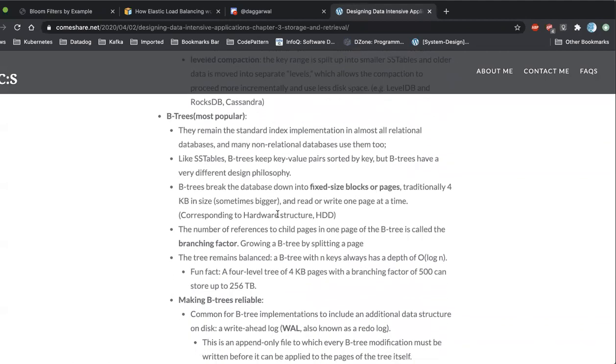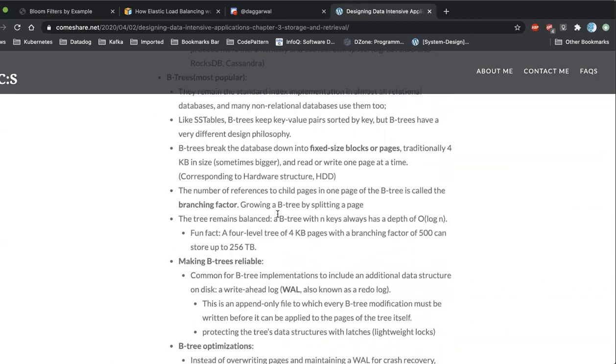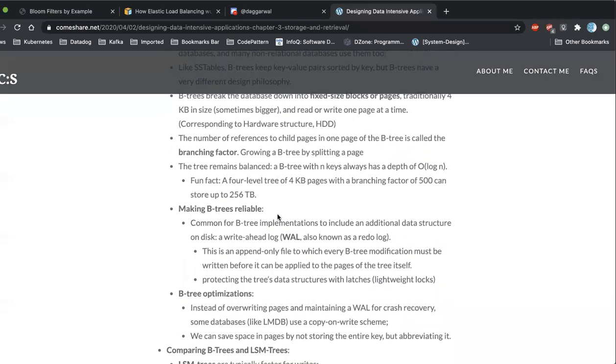I don't know how they are presenting it, but in relational databases, that's the bread and butter. B-trees are used for storing data on disk. That's a common structure. But if you think about the concept of a B-tree, you just have a simple tree structure with a branching factor. You can always have a B-tree in memory also.